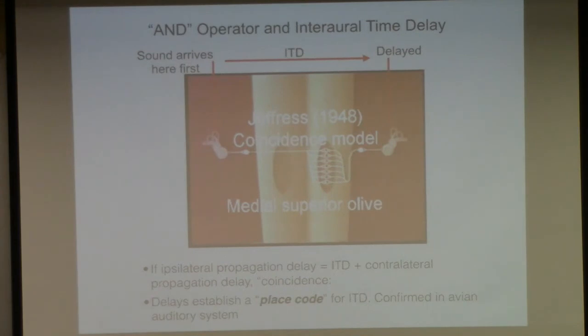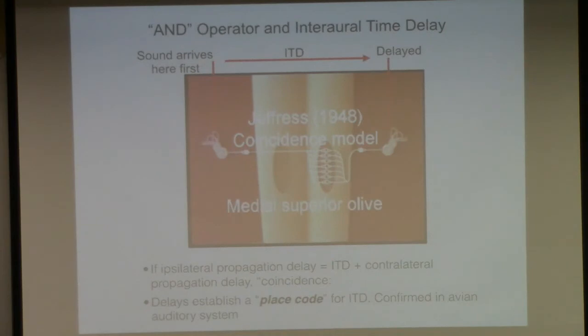So suppose, and this is the creature that this was first studied in, the barn owl. Barn owls are very good at locating mice in the dark. And they have entire neural systems specialized to help them locate where a sound source is in the horizontal plane.